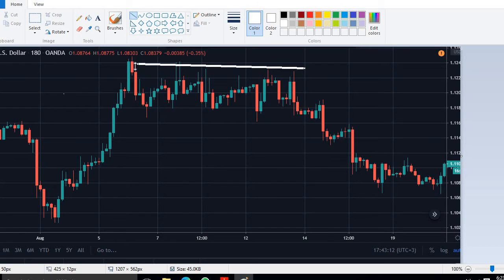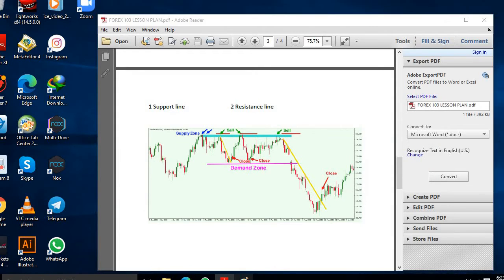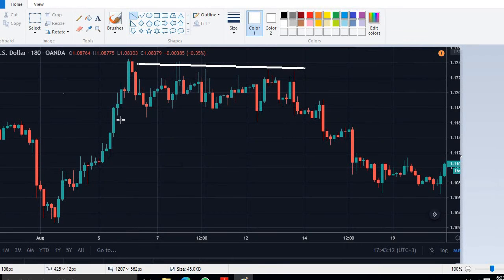Your demand zone, you're going to do the same thing. Make sure it touches the end of your candle.